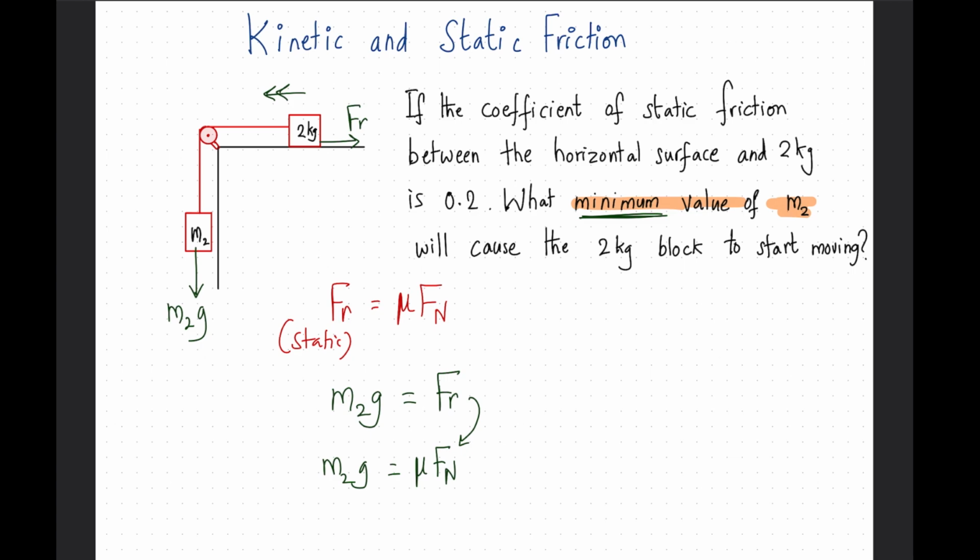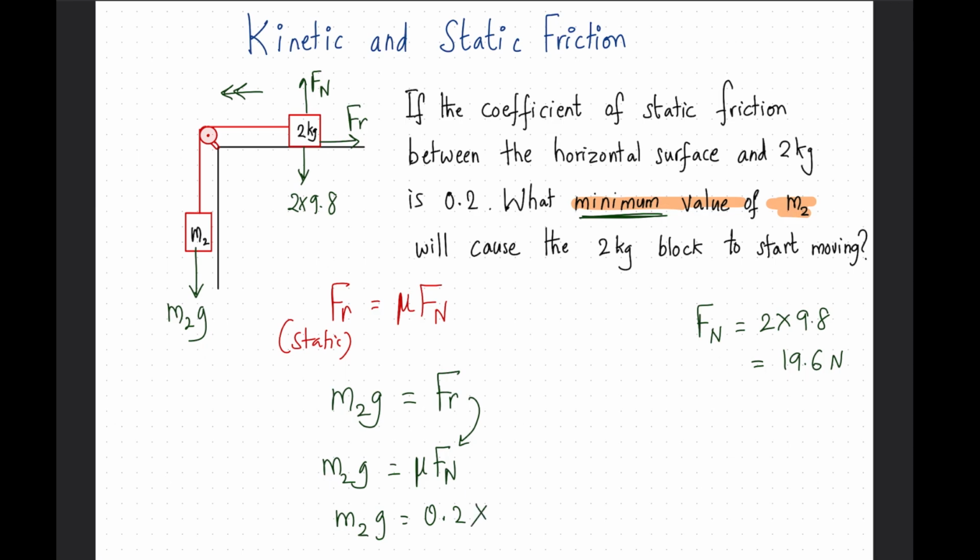Now we know that there will be Fn acting on the 2 kg vertically upwards, and mg, that is 2 times 9.8, acting vertically downwards. So for the 2 kg, Fn will be 2 times 9.8, which is equal to 19.6 newtons. And we can substitute that here. M2g equals 0.2 multiplied by 19.6, and because we want to find the minimum value of M2, let's take g to the other side.